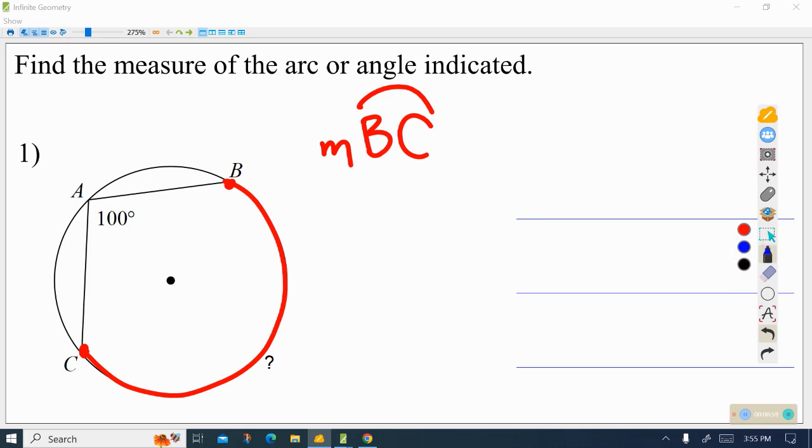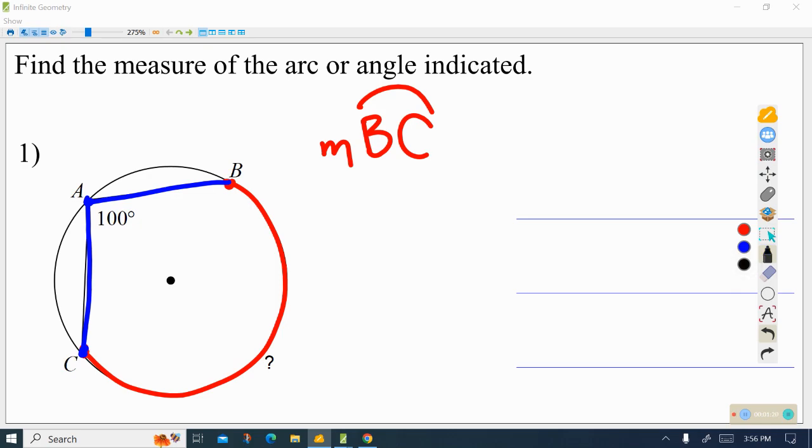When I'm trying to find the measure of an arc, we need to know what we're looking for. In the case of an inscribed angle problem, we want to find what angle intercepts that arc. That'll be the helpful thing here. But there are actually so many different ways to solve these problems. They're not always the same.